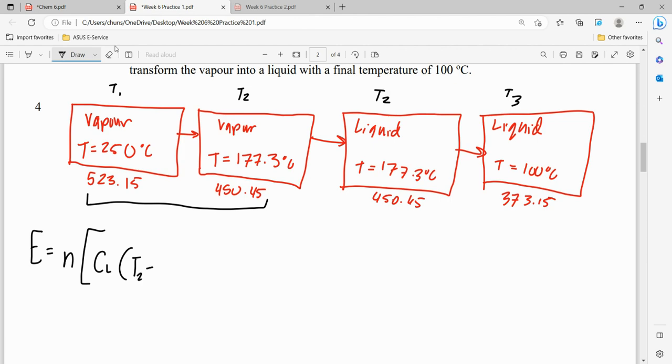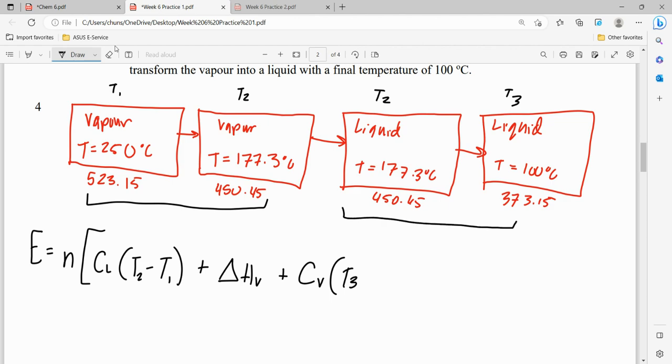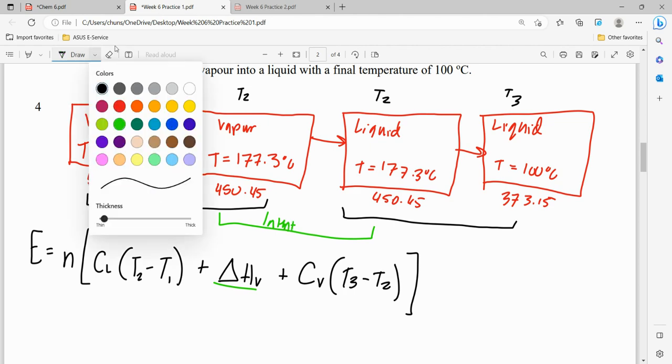So this is from T2, final minus initial. And this is plus our vaporization, plus our vapor specific heat capacity, and then the difference between these two changes, which is T3 minus T2. And this latent heat of vaporization represents this section here as our latent heat. Okay, so I'm going to write latent. Other ones are sensible.